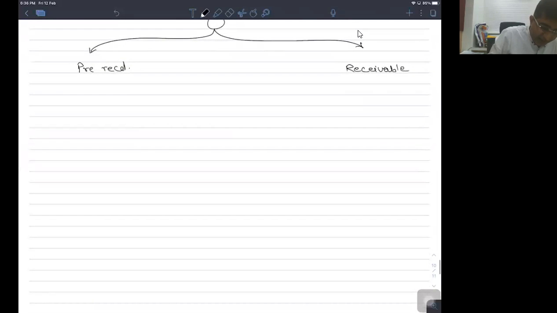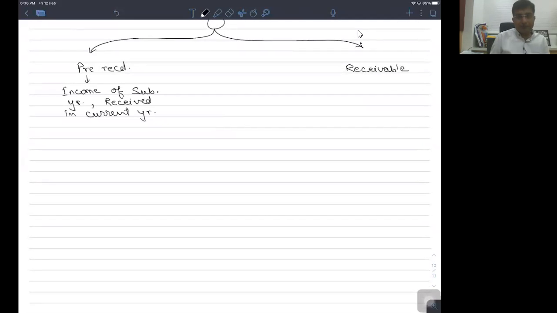If it is pre-received, income of subsequent year received in current year. Correct?